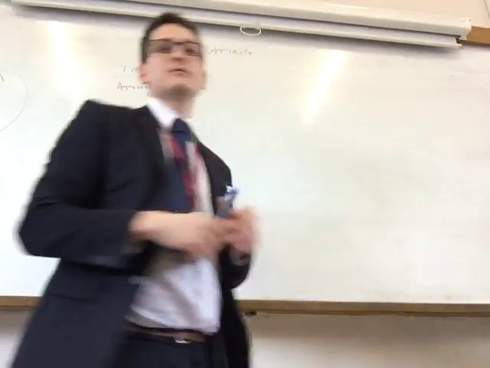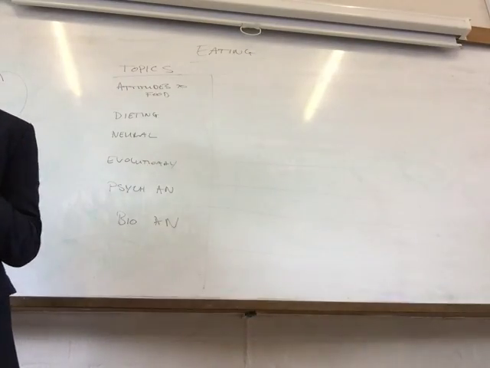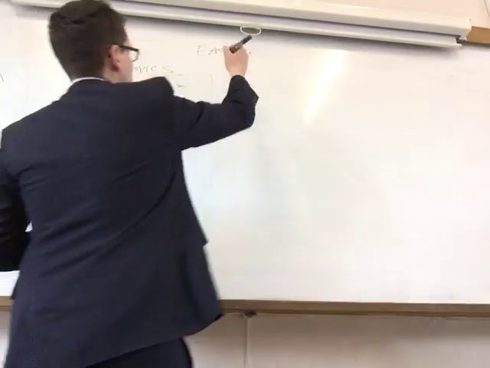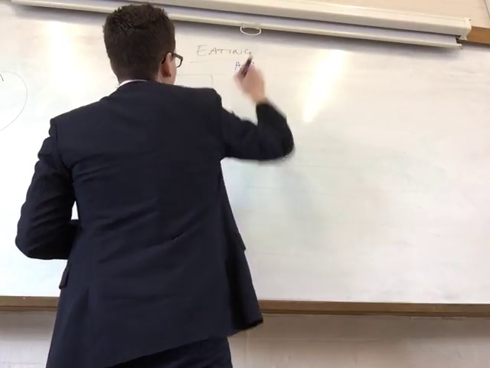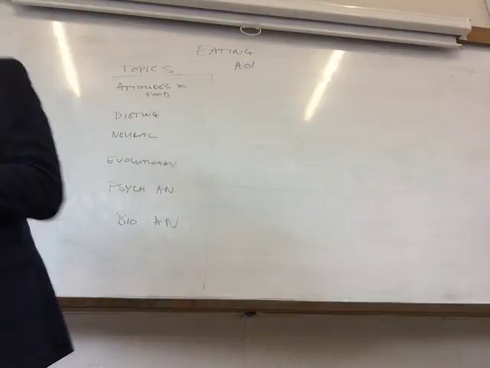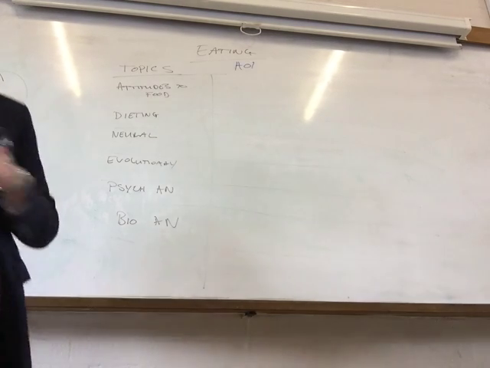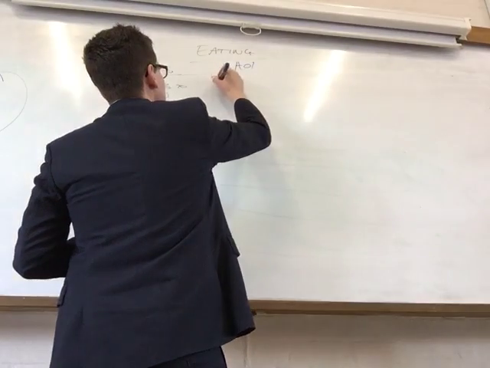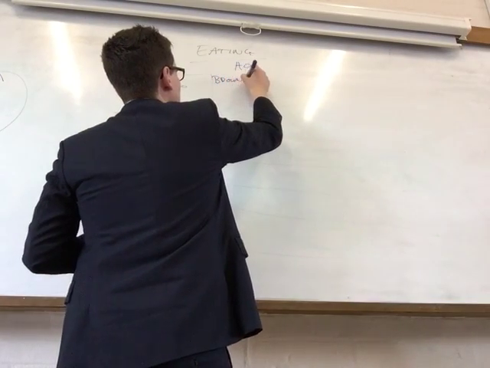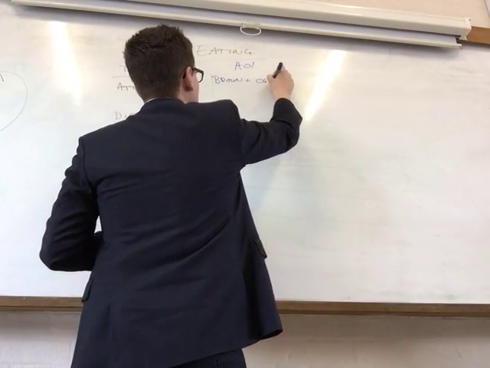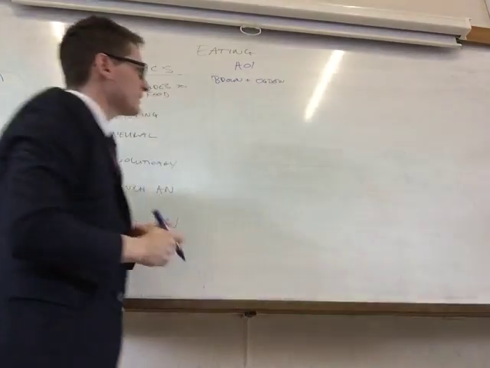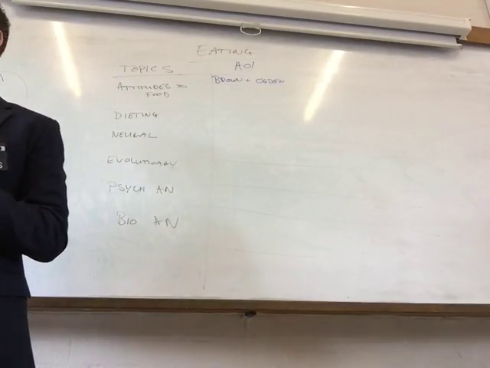Okay, so as I said, I've tried to focus in on the AO1. Usually that is a bit of research, but sometimes it's not. So the attitudes to food, what did I focus in on here? So social learning, and that was Brown and Ogden. Can anyone remember what they found?